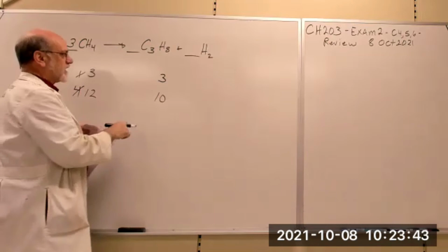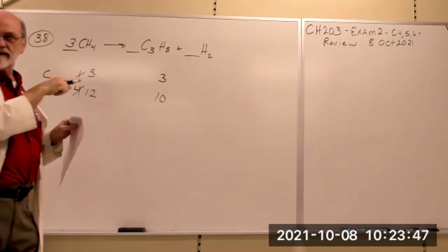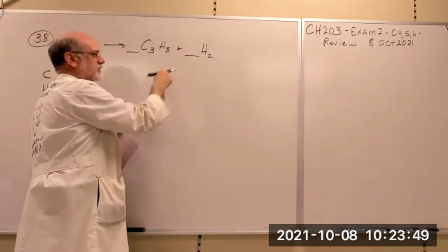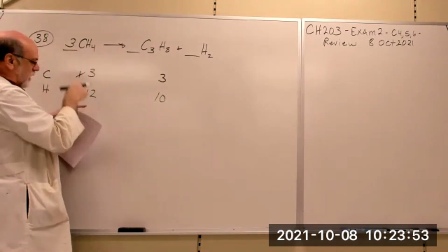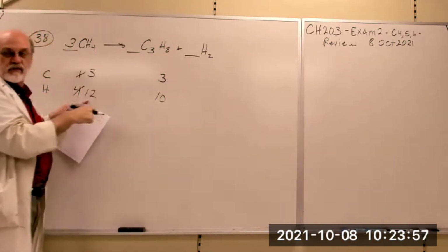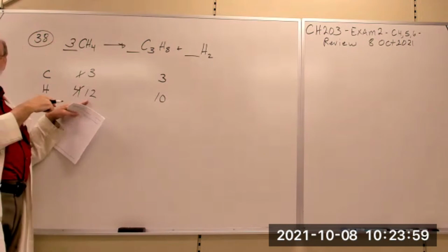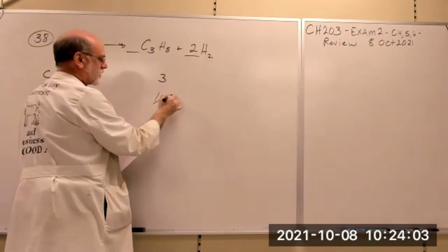How many do we need? Well, we don't want to mess with this one because we've already got our carbons balanced. So we balance our hydrogens with that one. But how many do we need? Well, we need 12, but we've already got 8. So 12 minus 8 is 4, right? So we need 4 hydrogens. And that should give us 12.